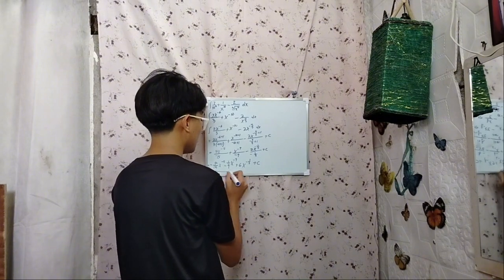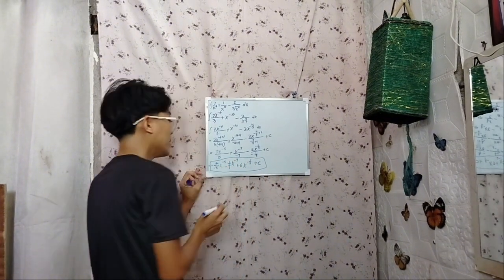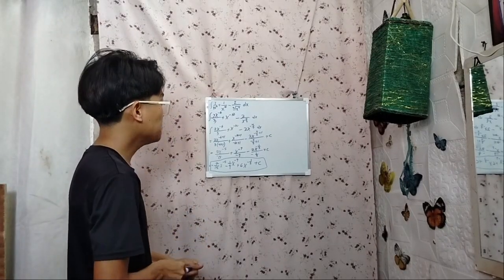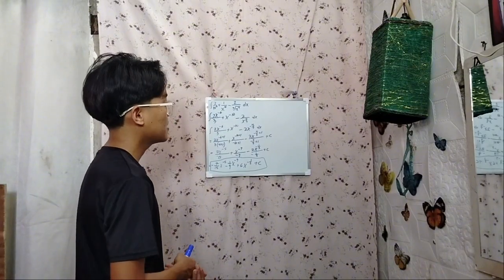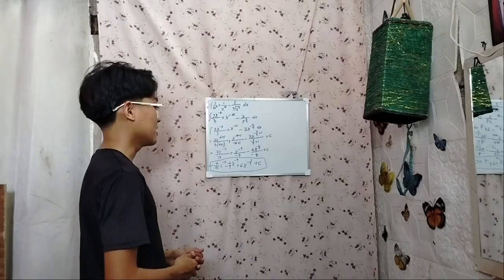So here's the final answer. The final answer is negative 7 over 15 x raised to negative 5 minus 1 over 9 x raised to negative 9 plus 6x raised to negative 1/3 plus c.